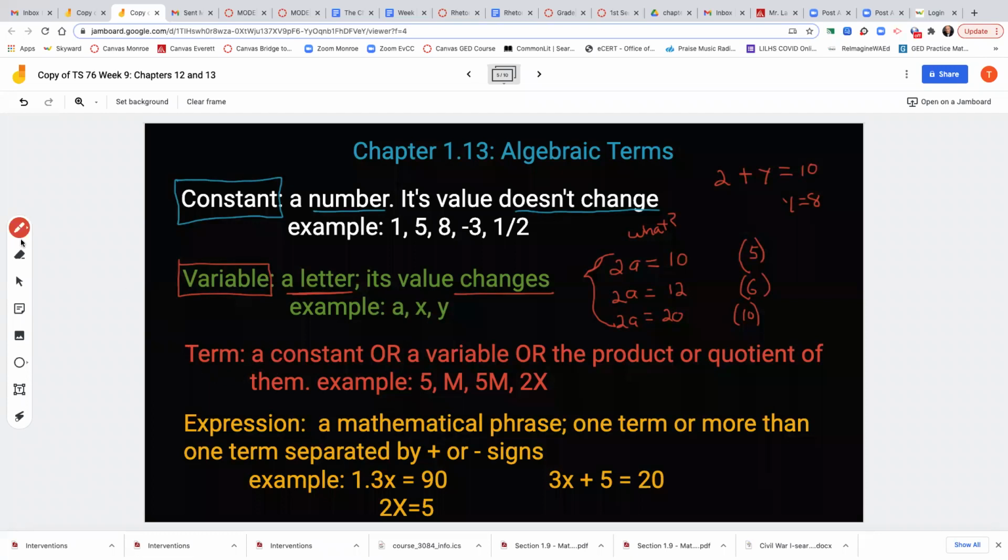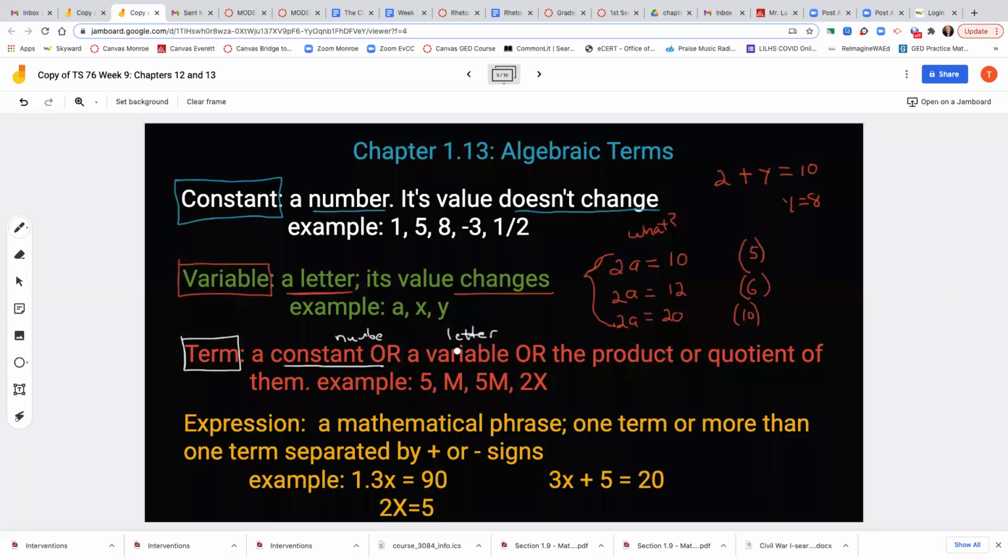All right, you got another term here, which is an actual term, okay? And in algebra, a term is a constant, which means a number, okay? We just learned that above. Or a variable, which we learned is a letter, okay?